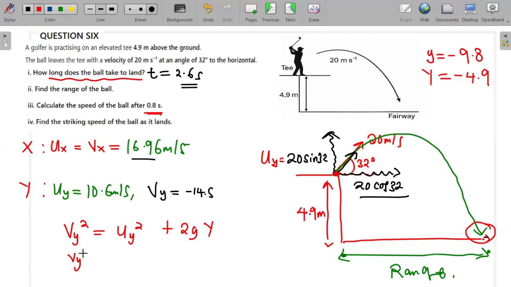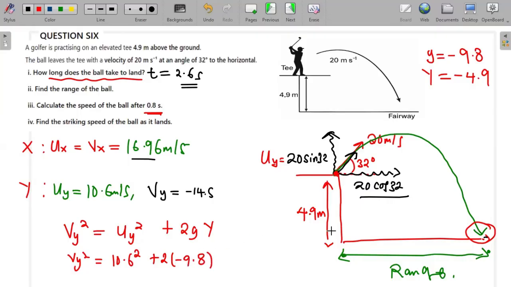So vy squared will be equal to the initial velocity in terms of the y, which we said was 10.6, squared, plus 2 times g. Since initially the motion is opposing gravity, it is minus 9.8.